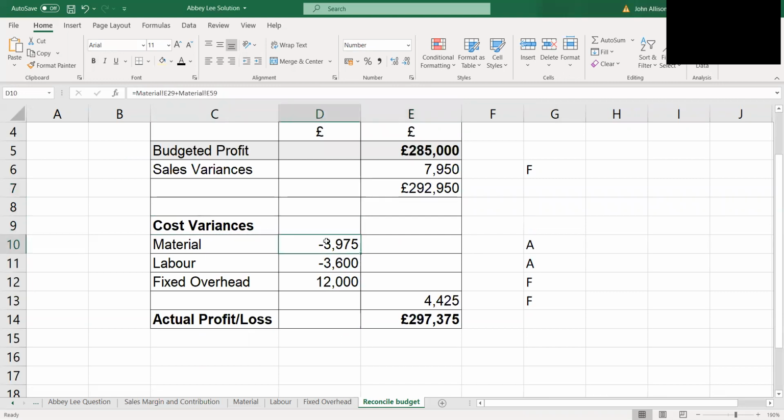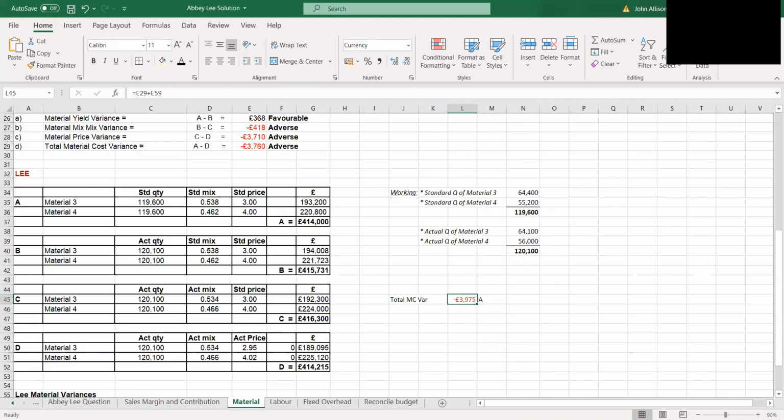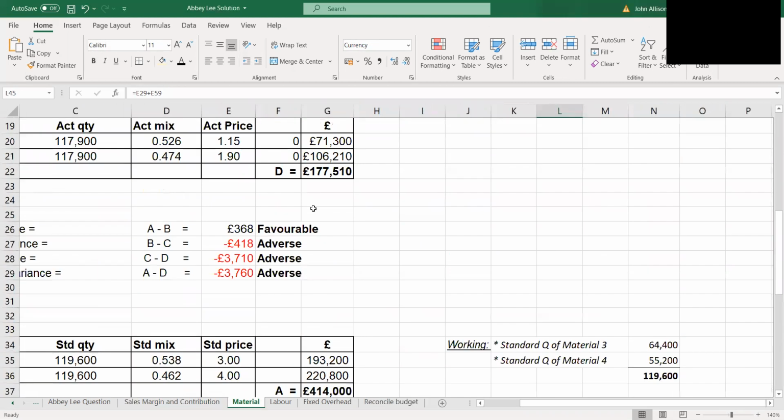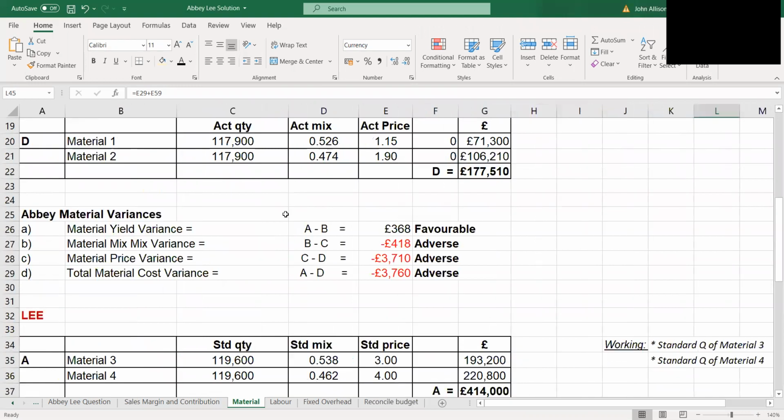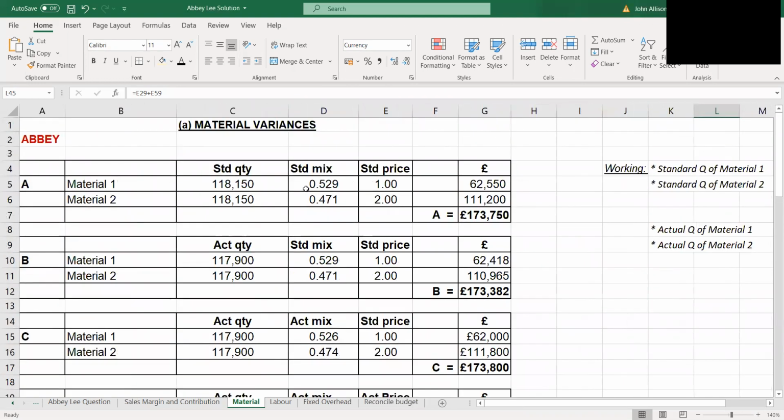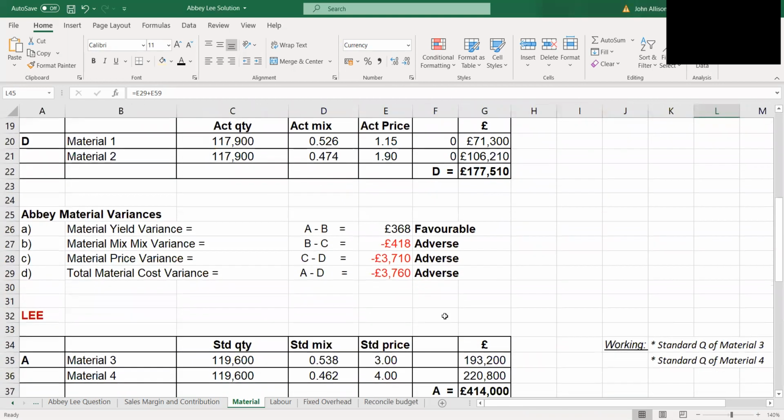So the cost variances, remember there's two material costs. There's the cost of producing unit 1 and cost of producing unit 2. And unit 1 in this case was Abbey, and the second product was Lee. So to produce Abbey, the total cost was £3,760 adverse.